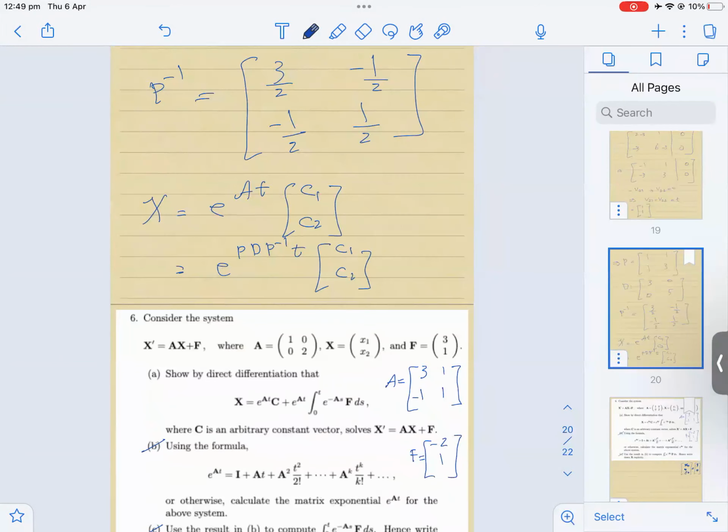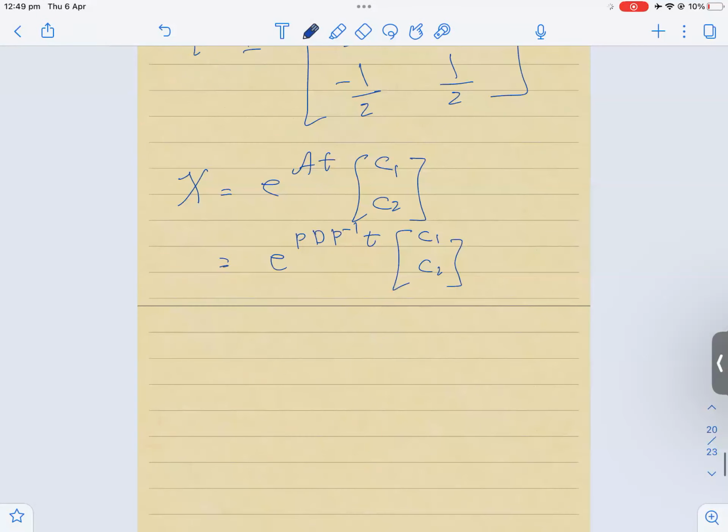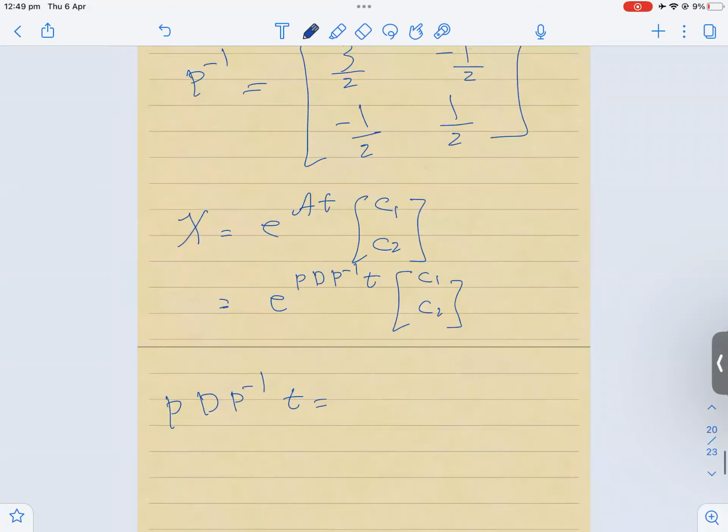So this will be something. So we have to obtain this guy, P D P inverse t.